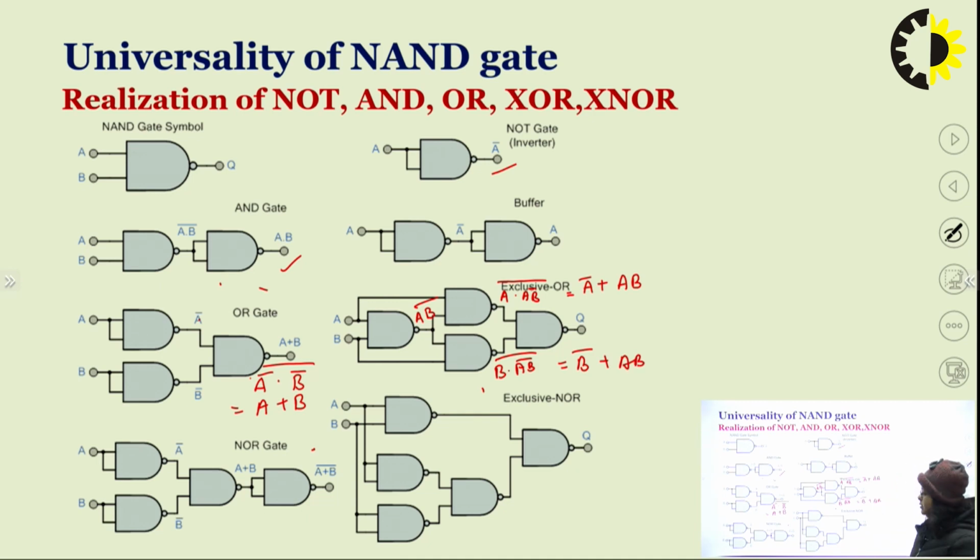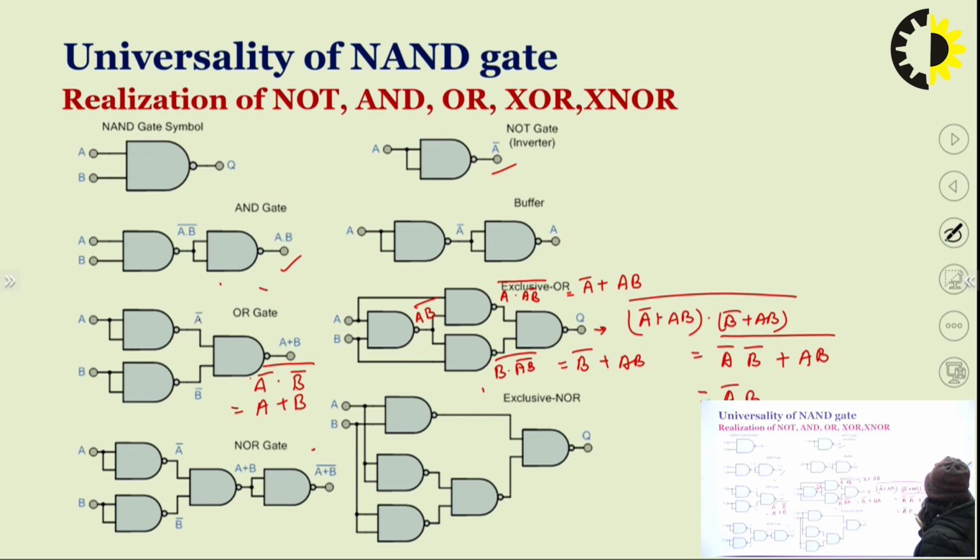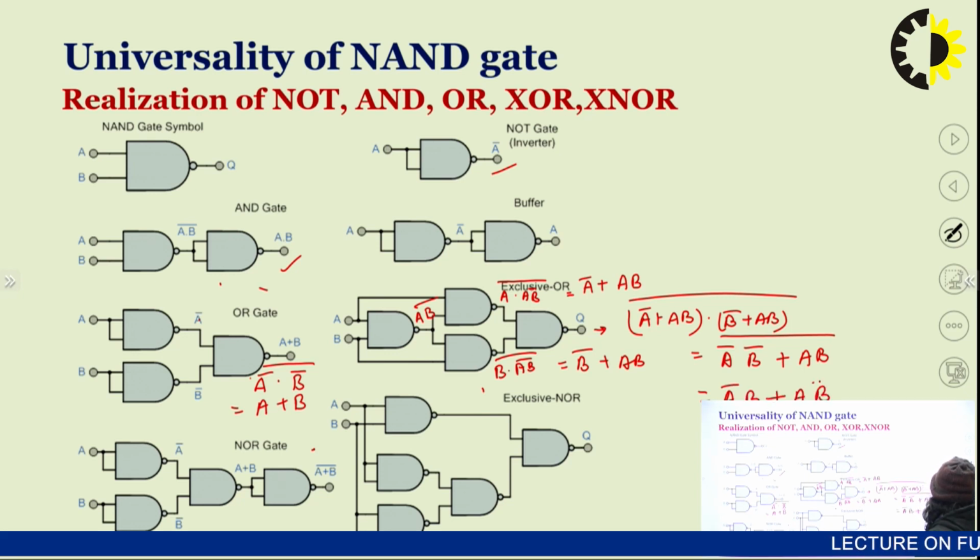If we multiply these inputs again through NAND gate, then it comes out to be (A bar plus AB) dot (B bar plus AB) whole bar. The obtained expression is (A bar B bar plus AB) whole bar, which is nothing but A bar B plus AB bar, which is XOR gate.